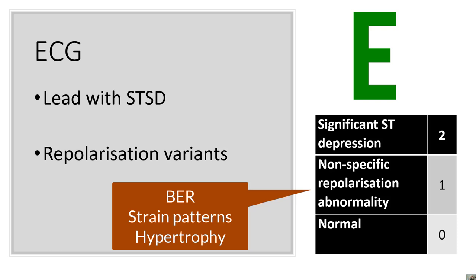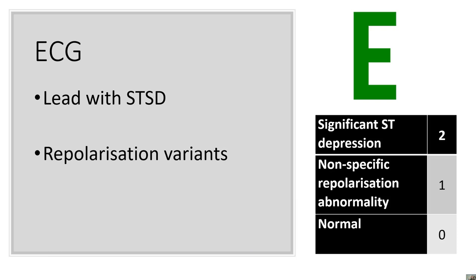So these changes will still score on the calculator, but they'll score a 1. And low risk changes, the ones that would score 0, is if the ECG has no alterations on it.